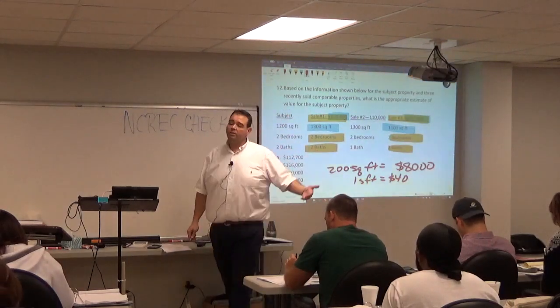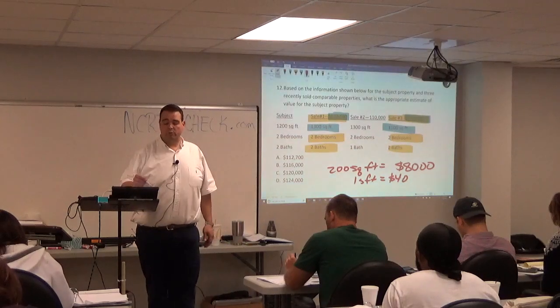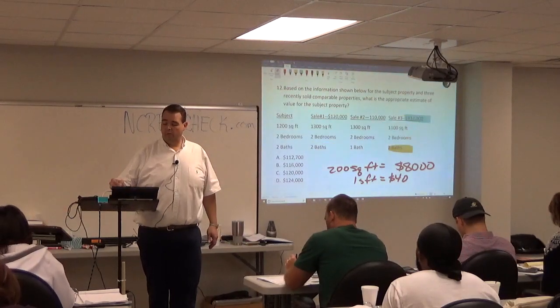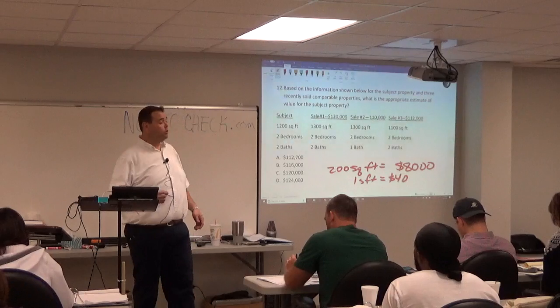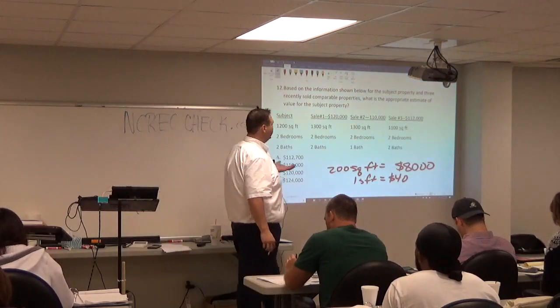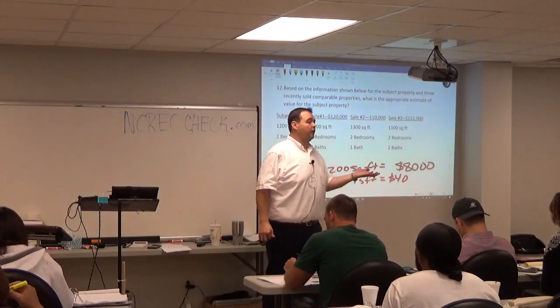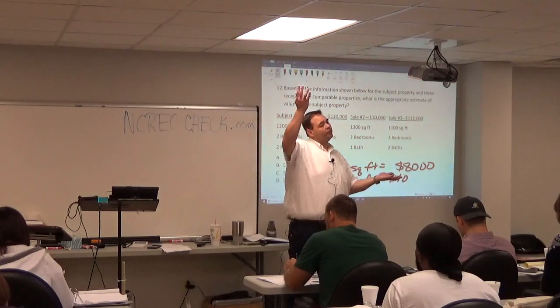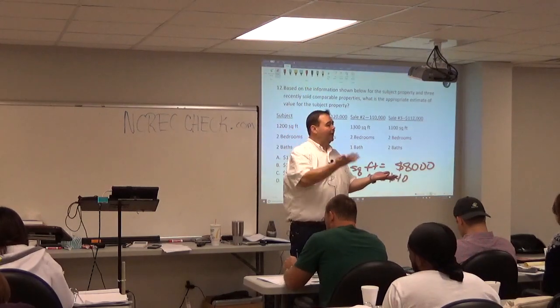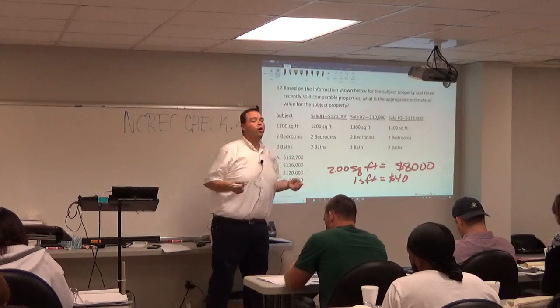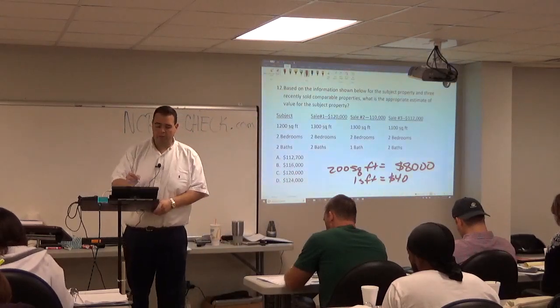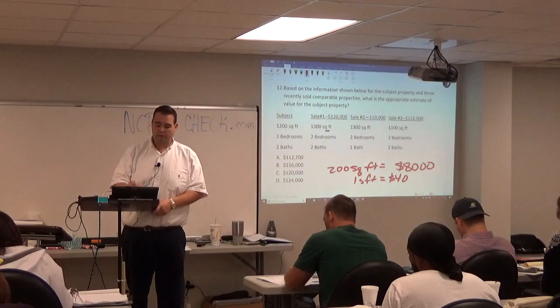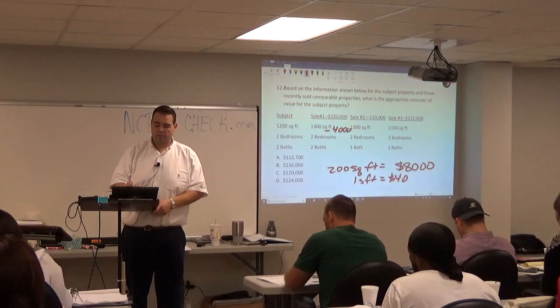So, can we make an adjustment now for square footage since we know what the square footage is worth? Yeah, so let's go back to comp number 1 and our subject. Our subject's 1,200 square feet. Our comp is how big? 1,300, so which way are we adjusting? Down by how many square feet? 100. And how much is the 100 square feet going to be worth? So minus $4,000.